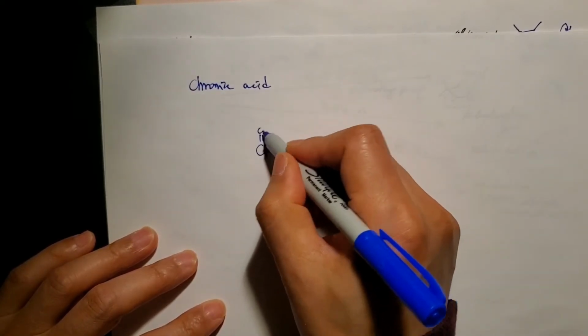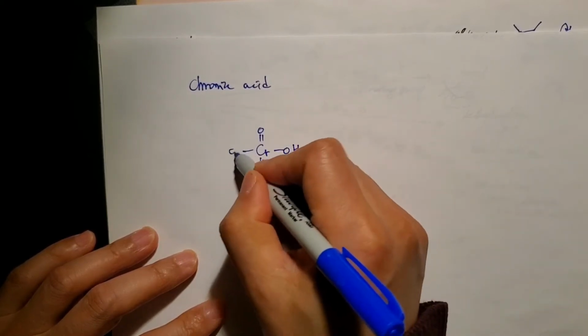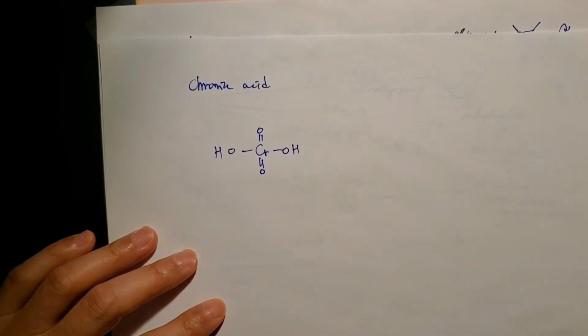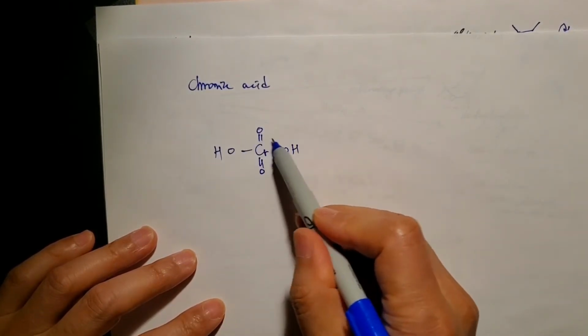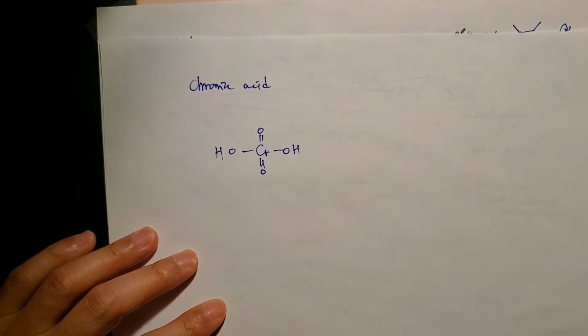The real active form of the chromic acid looks very much like sulfuric acid, like this. Instead of sulfur, you have a chromium, and this one has a +6 oxidation state, so it is very electron hungry. That's why it is acting as an oxidant. It is able to take away electrons from the alcohol, but itself is gaining electrons, so it is getting reduced, as I said.